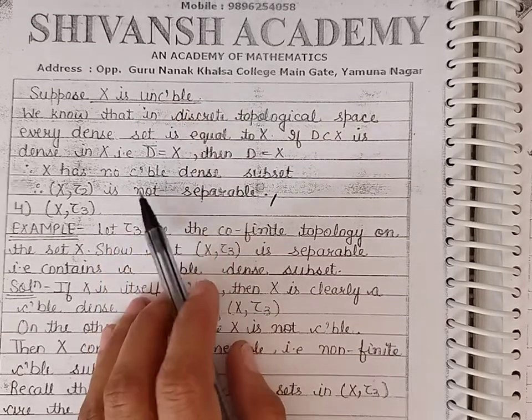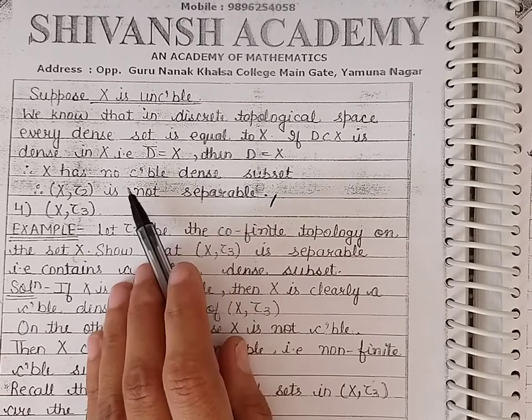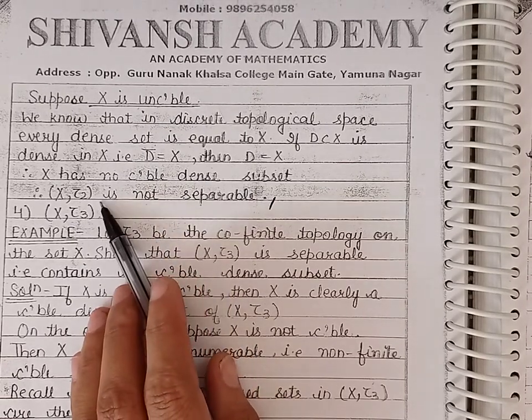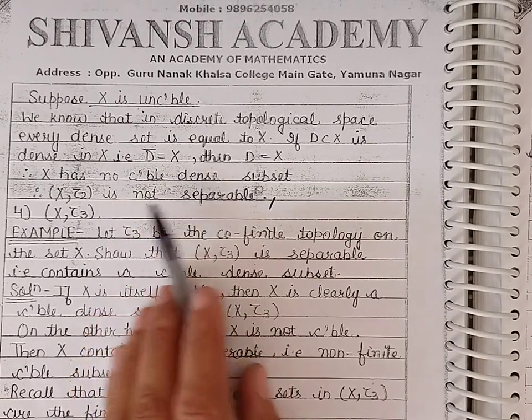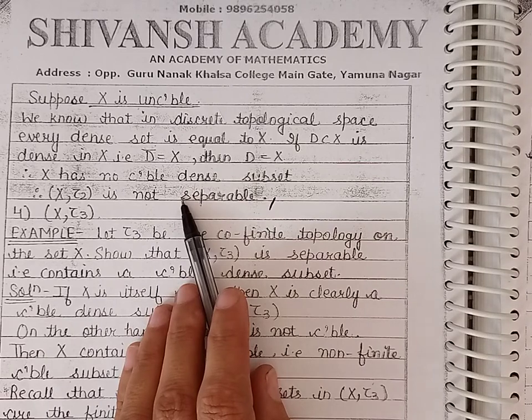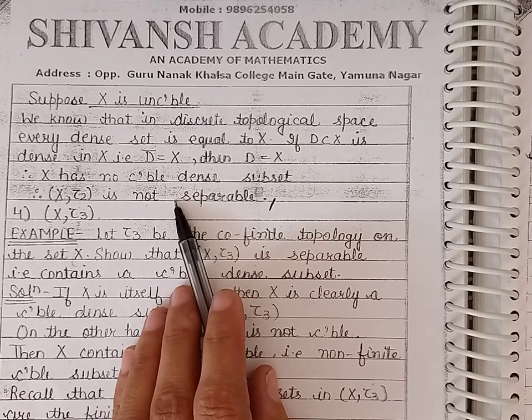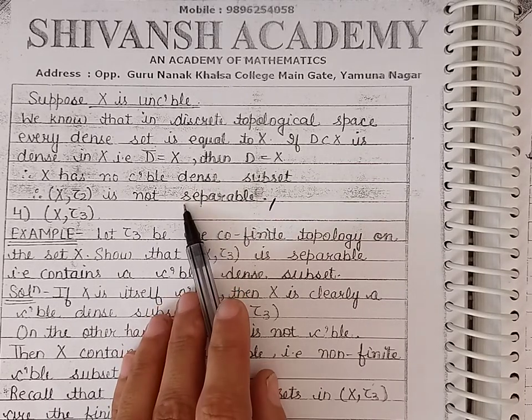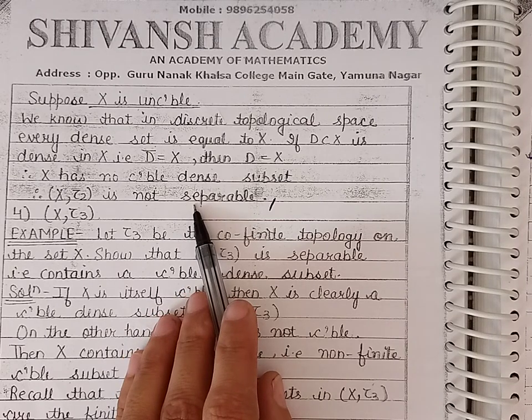So we can say that if X is uncountable, the discrete topological space will not be separable. So these were some examples of topological spaces which are separable and some which are not separable.